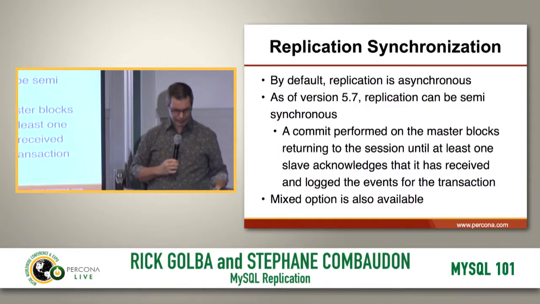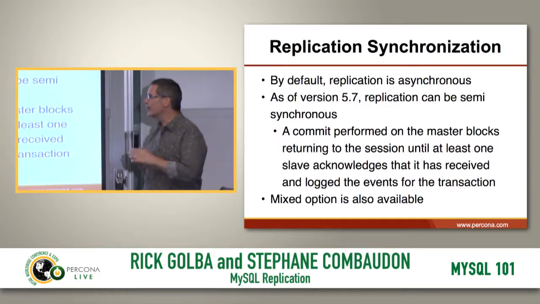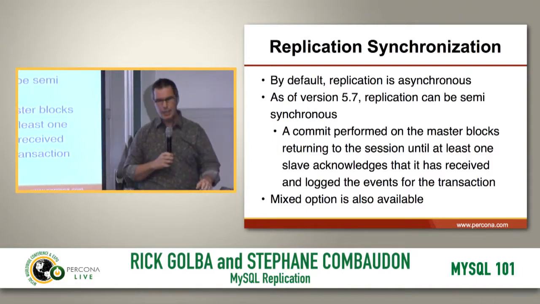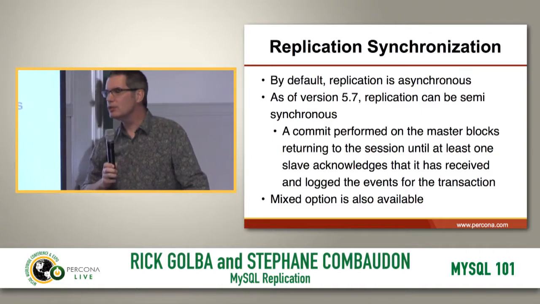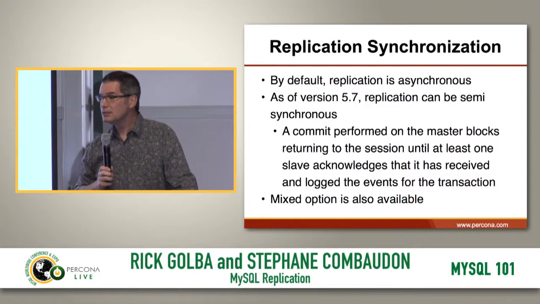And I mentioned that replication is asynchronous or semi-synchronous. And this is another one where you can see we've got that disclaimer. As of version 5.7, you can now have semi-synchronous replication. And we'll talk about what that is. But by default, replication is designed to be an asynchronous activity.